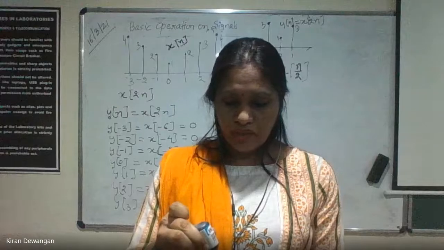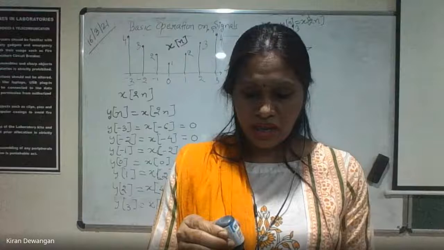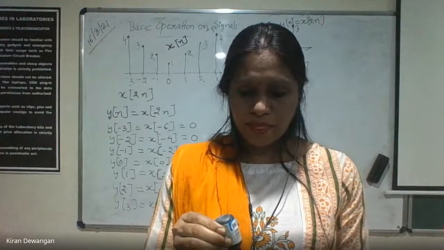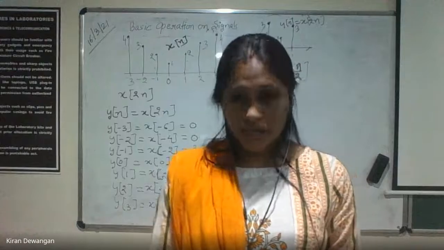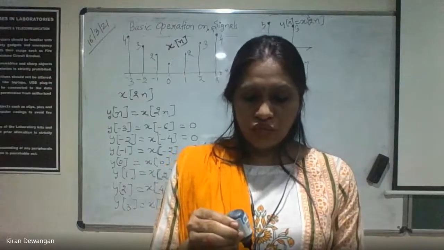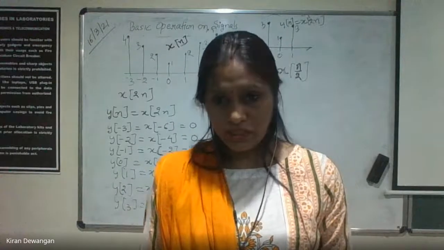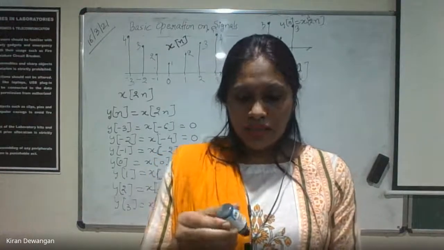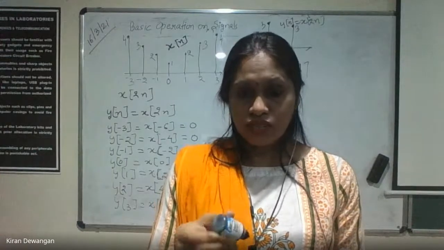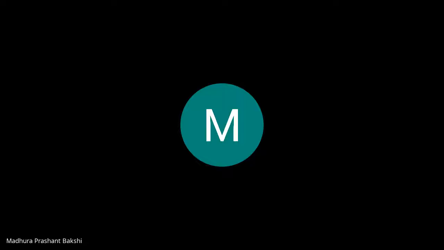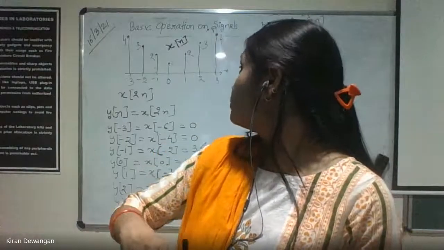And what will be the value at next value, कहां पर आएगा -6 के बाद? Next value will be at -4 पे. -4 पे the value will be 3, correct. Then the next value will be at -2. -2 पे the value will be 2.